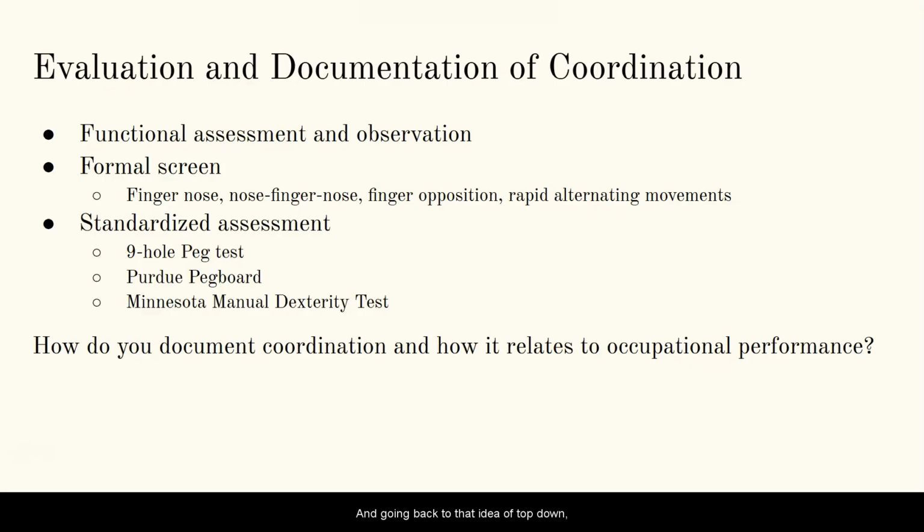And going back to that idea of top-down, if you are using a top-down approach, so for example, using occupation to assess coordination, and you note some level of impairment during accuracy or force of movement, then you might do a more formalized or standardized assessment to really pinpoint the why behind what you're observing.